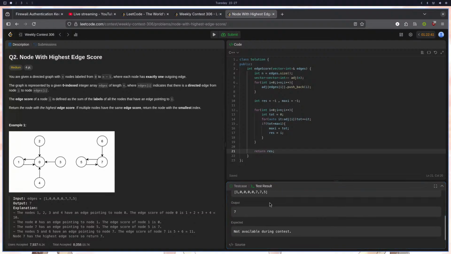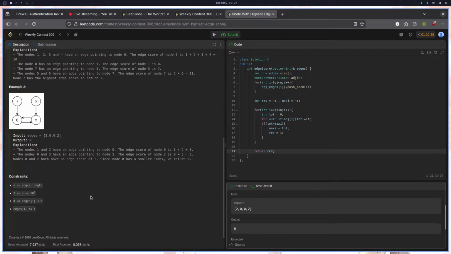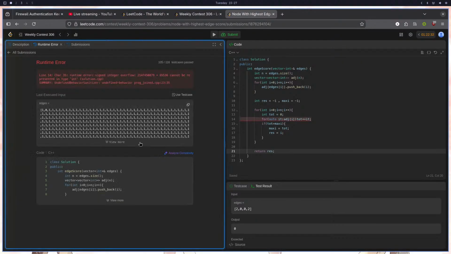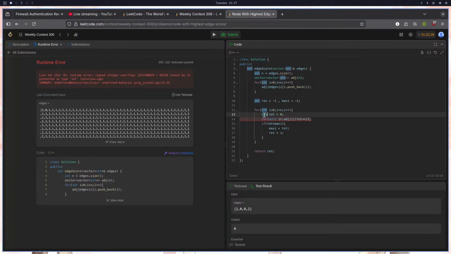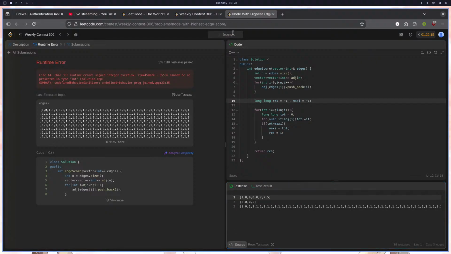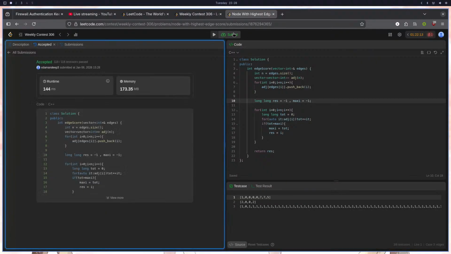I don't know, 7 then 0 0. Long long. This case, oh man, submit. Okay, fine.